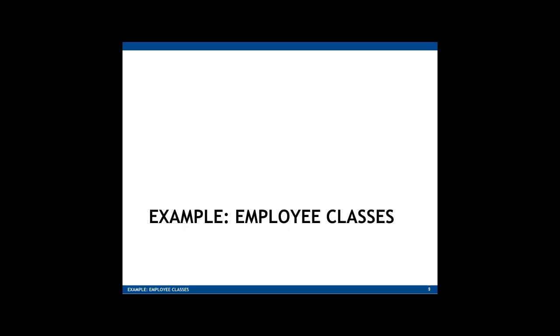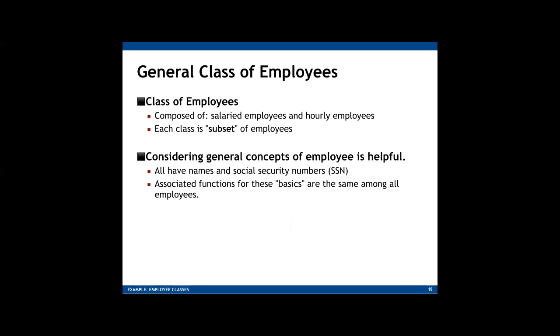So far, we have only discussed inheritance using examples. Now let's study inheritance using actual code. We will use the code example of employee classes. Assume that there are two types of employees: salaried employees and hourly employees. Regardless of salaried or hourly, because they are both employees, they should have some common properties.